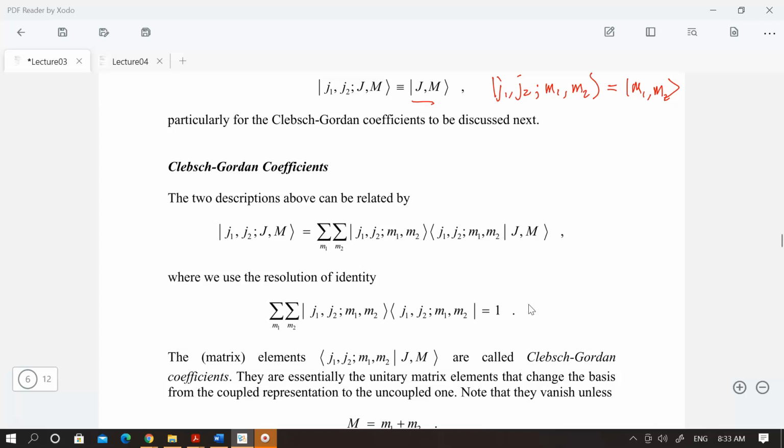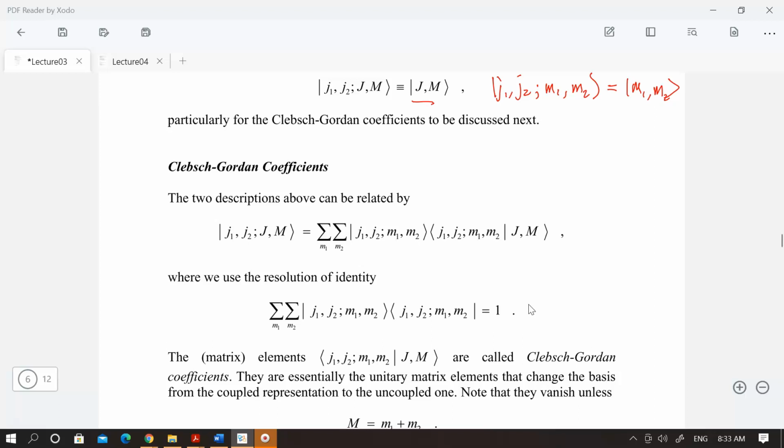In other words, the Hilbert space is describing the same physical system, but you have different representations describing it.